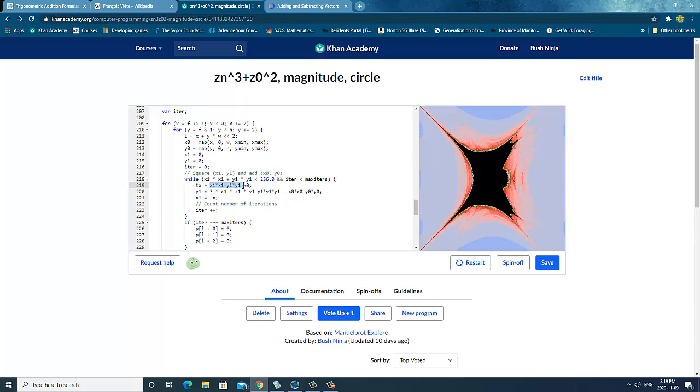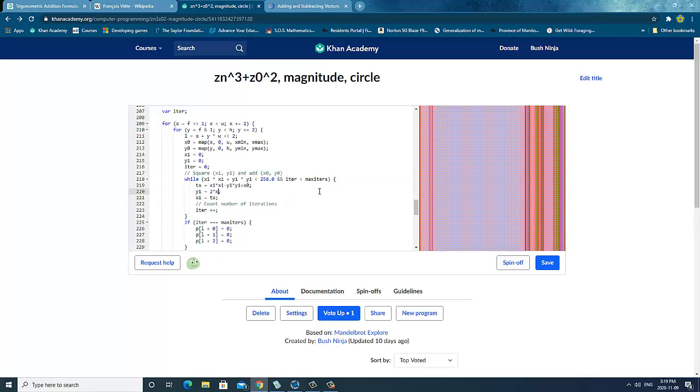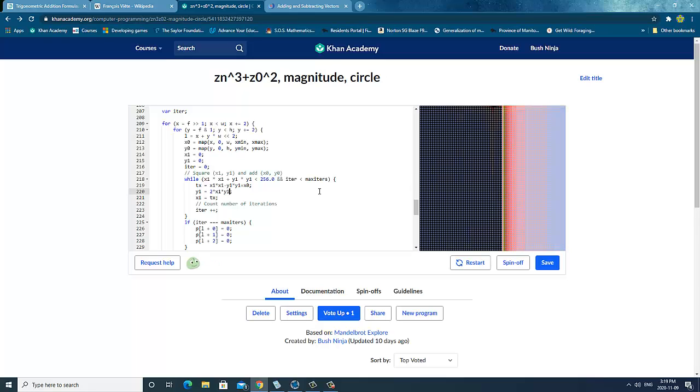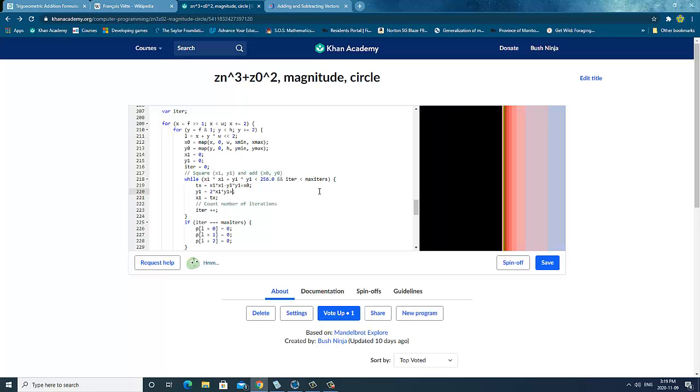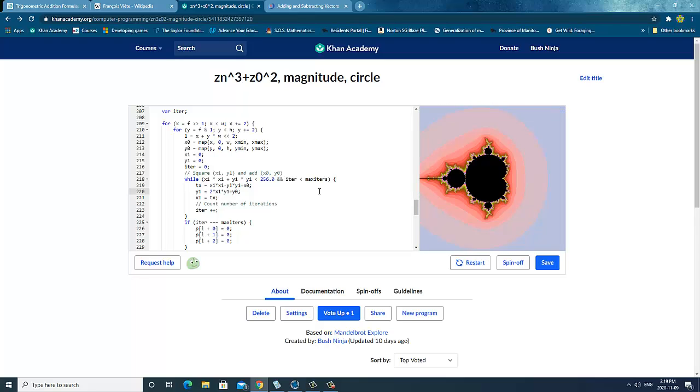So this here is the angle multiplication. This here is the vector addition. All right, 2 times x1 times y1 plus y0. And there we go, Mandelbrot set as you know it.